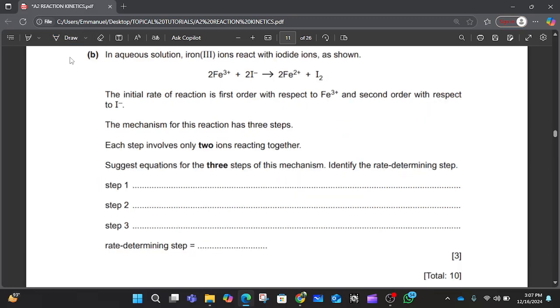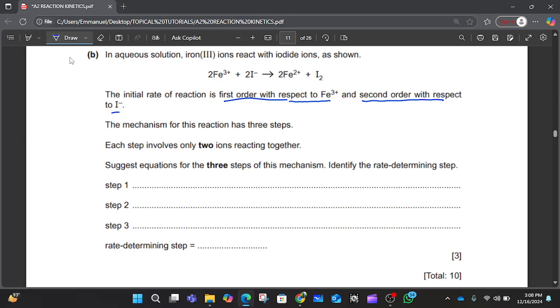100. B. In aqueous solution, iron(III) ions react with iodide ions as shown. 2 Fe3+ + 2 I-, giving 2 Fe2+ + I2. The initial rate of reaction is first order with respect to Fe3+ and second order with respect to I-.